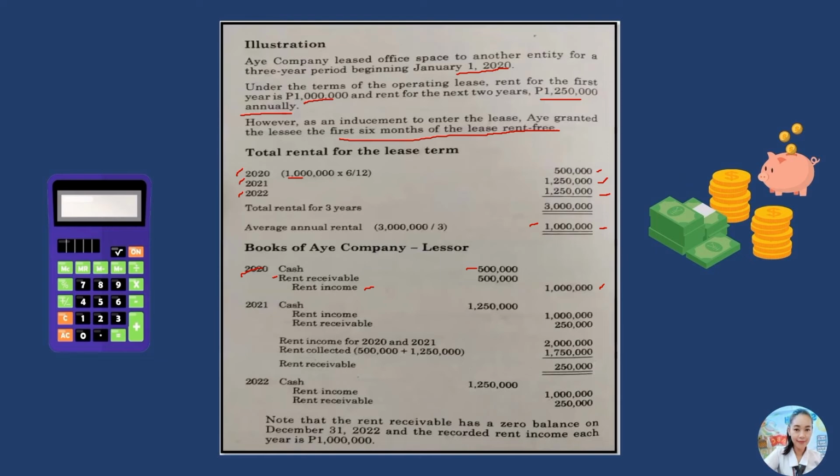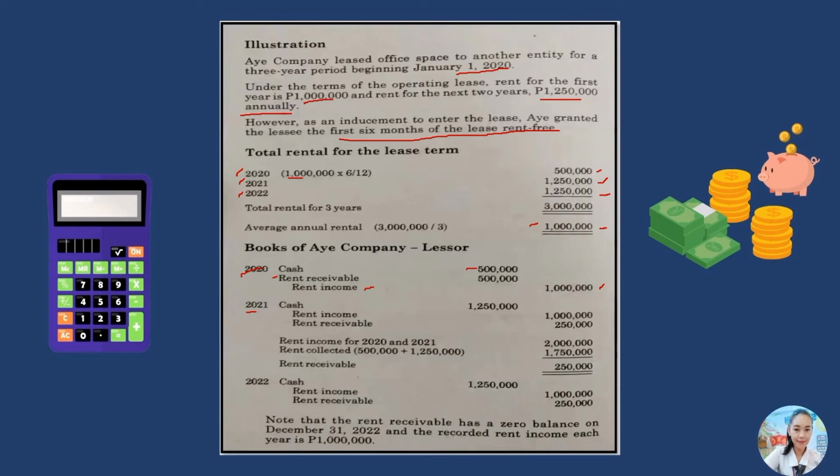Now in 2021, again, the rent for 2021, the second year, is 1,250,000. So it escalated to 1,250,000.